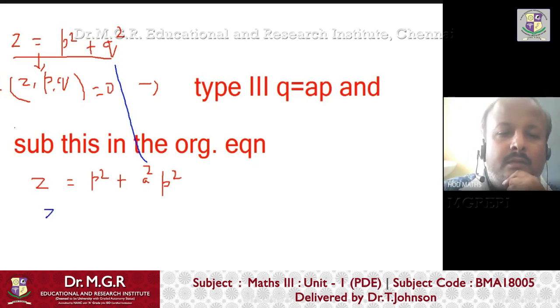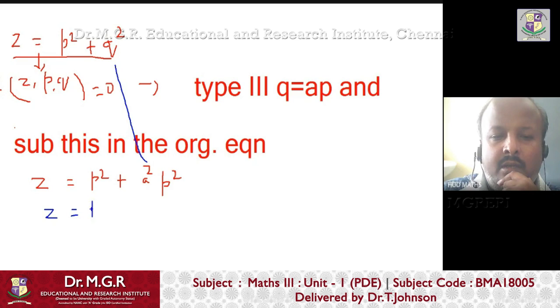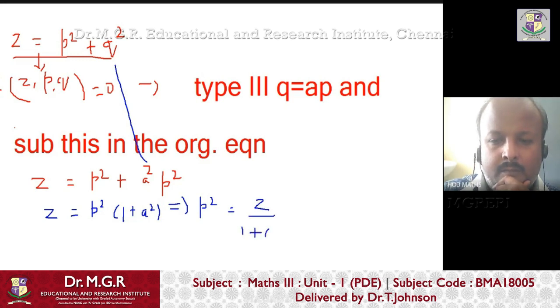So now you can take p square out and write this as 1 plus a square. This implies p square is equal to z by 1 plus a square. This implies p is equal to square root of z by 1 plus a square.